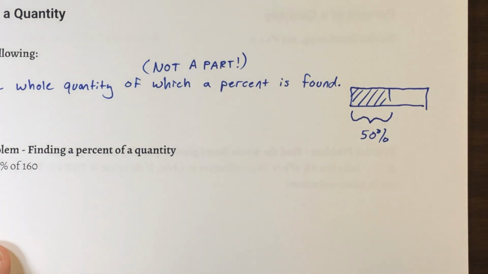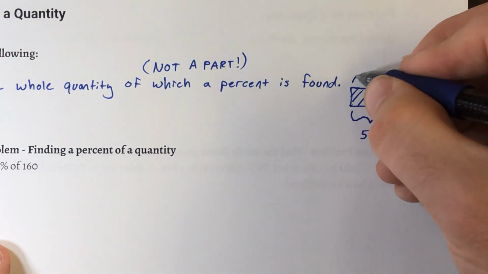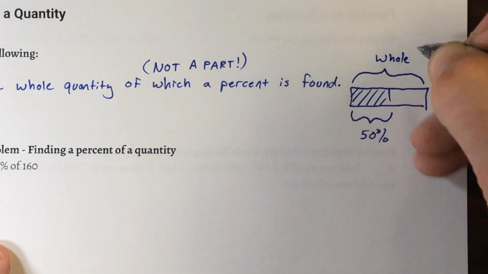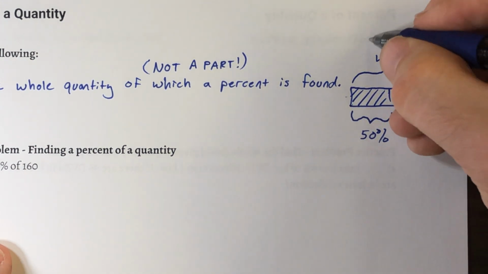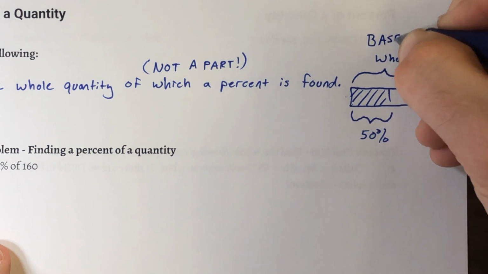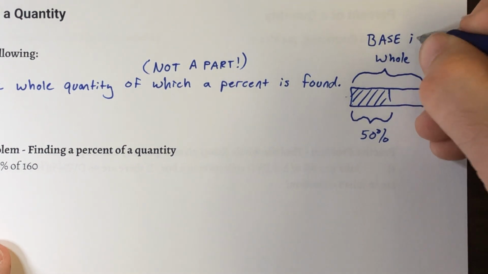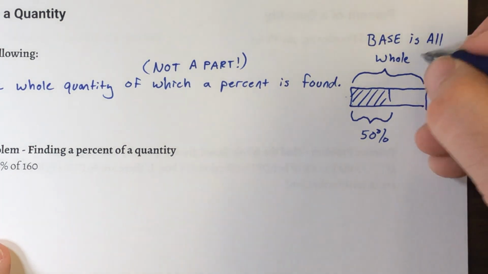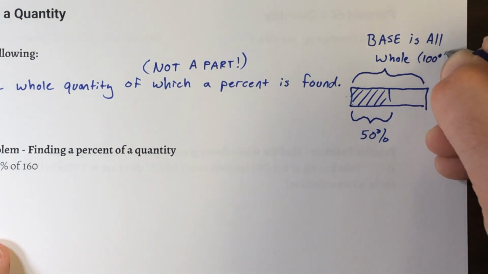It's a part of our whole. So if I look at all of it, this whole bar represents what we call our base. And again, the base is everything. It's all. It's the whole thing. It represents 100% of something.